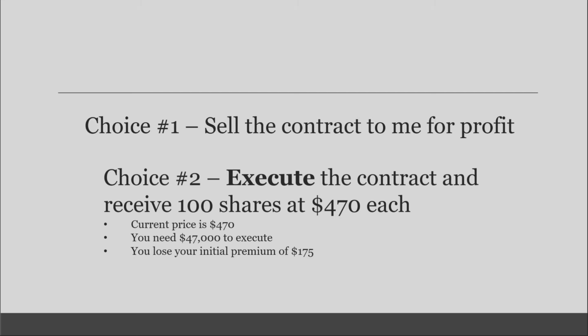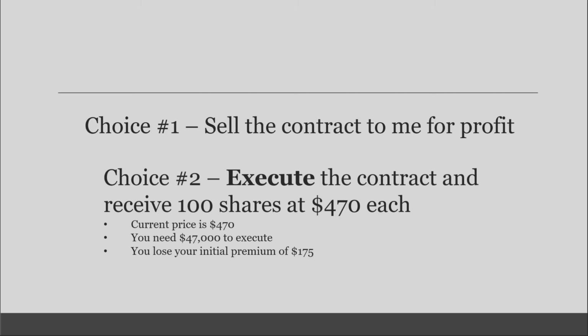In addition to that, you need to make note of this, and this is very important. Once you execute your option, you lose your initial premium of $175. You paid that $175 to your broker to guarantee to you that you will receive the commons at $470 each, so long as you execute it before expiry.